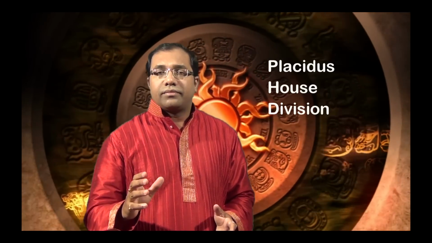KP astrology uses a Western system of horoscope which is based on the Placidus house division. Indian Vedic astrology does not use it. Indian Vedic astrology primarily uses the equal house division method or the Sripati Paddhati. But KP astrology will use the Placidus house division.